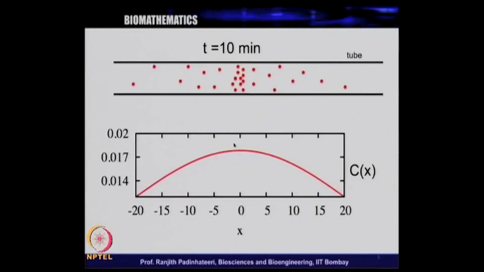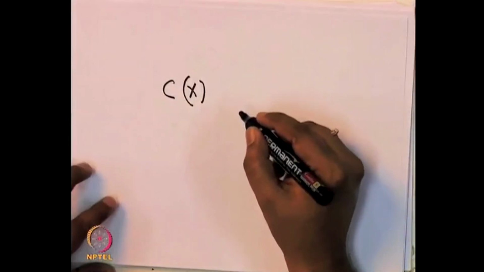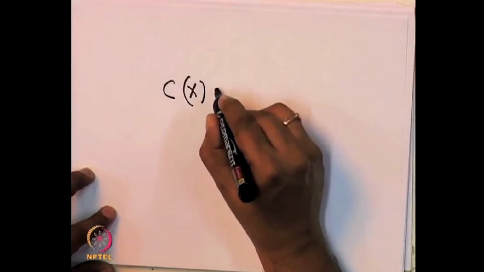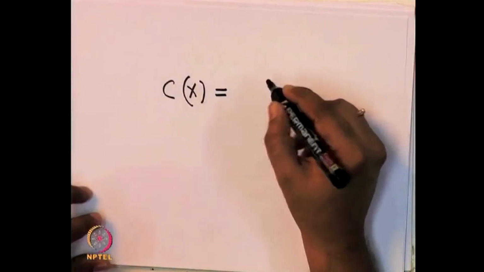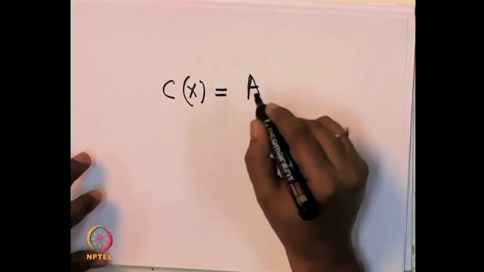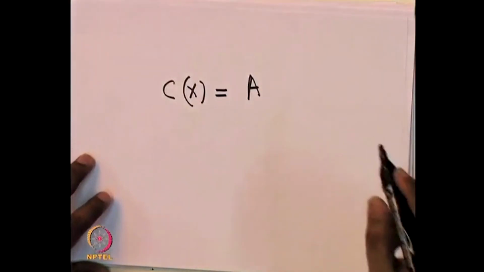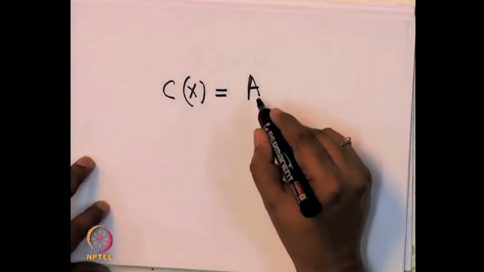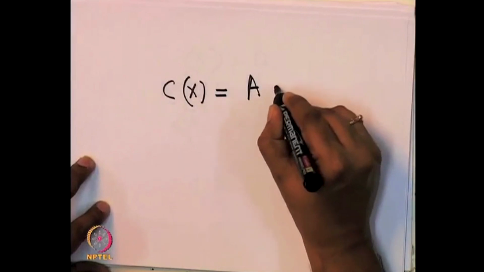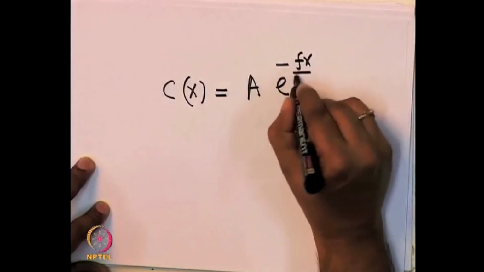It turns out that the mathematical function C of x is, in the case of pure diffusion, diffusion with no force, this is not the case. In the case of diffusion with force, we found that this is e power minus f x by kBT.